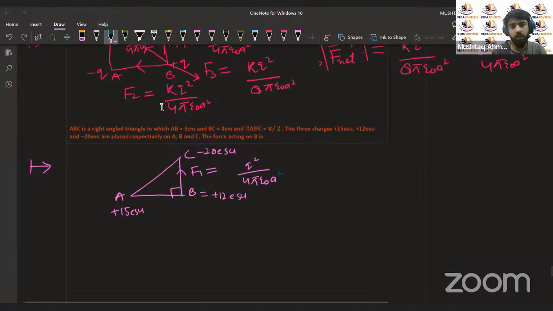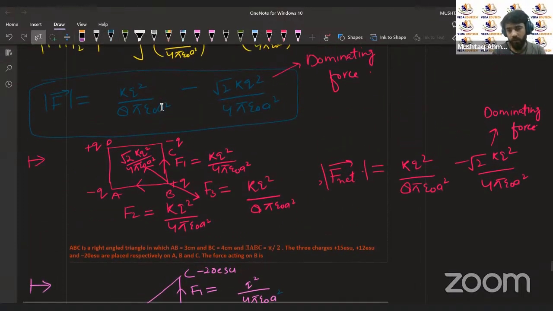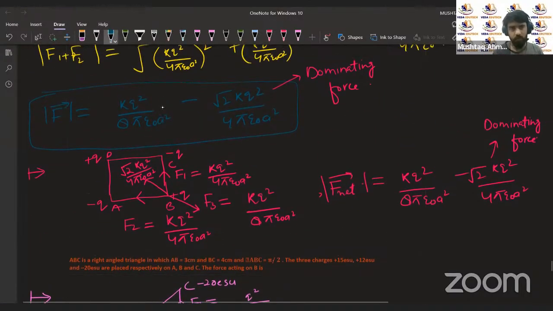Here in all the above cases, we have written the constant k, but the constant k is itself 1 upon 4 pi epsilon naught. So we should omit this k here, because we have already written the constant in all the cases, so we cannot write it twice.